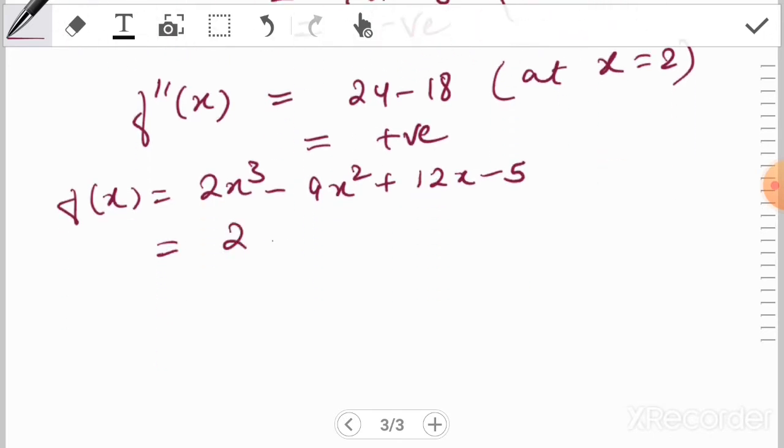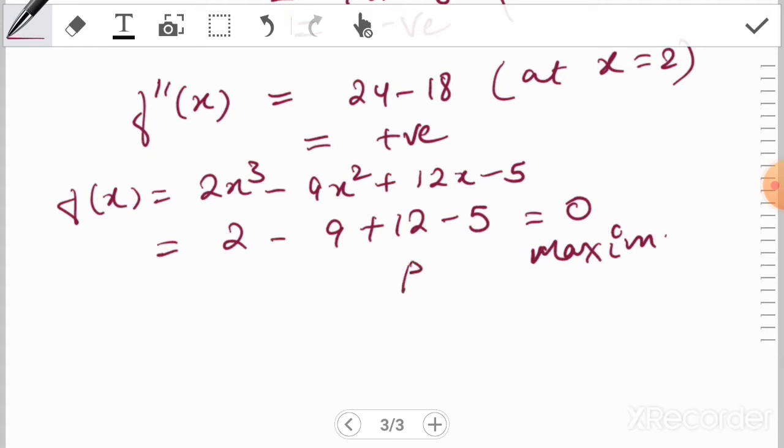So 2 minus 9 plus 12 minus 5, that is equal to 0. So x is equal to 1 is a point of maxima and the maximum value is 0.